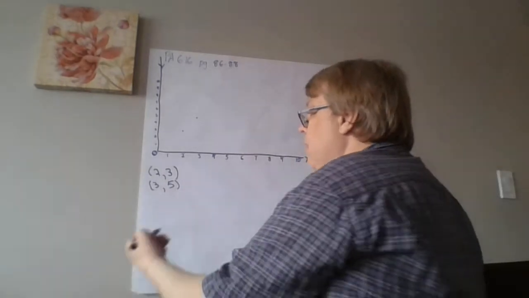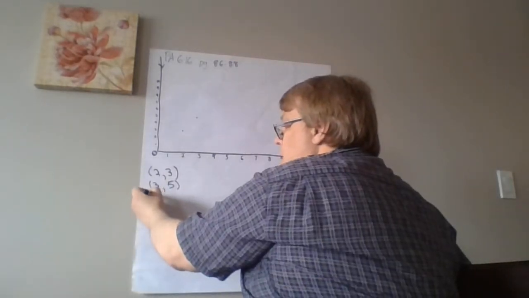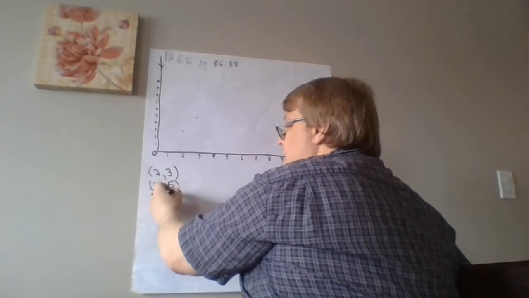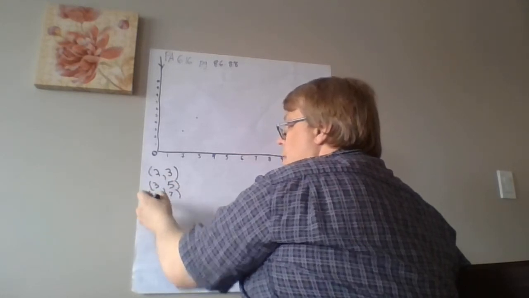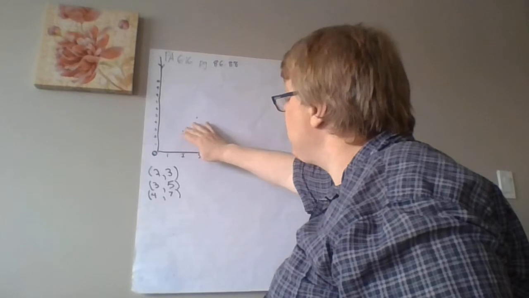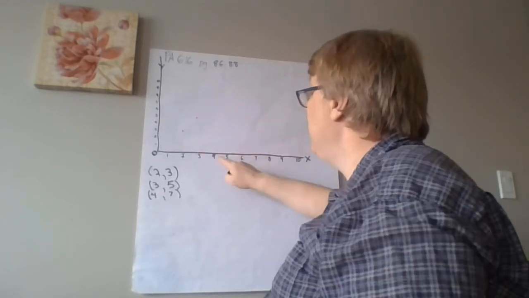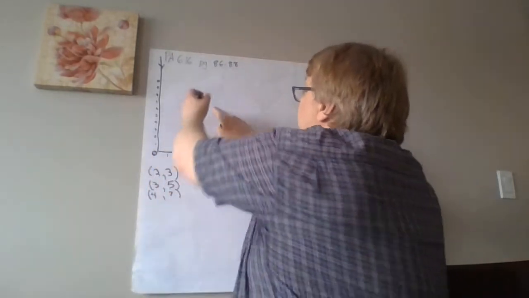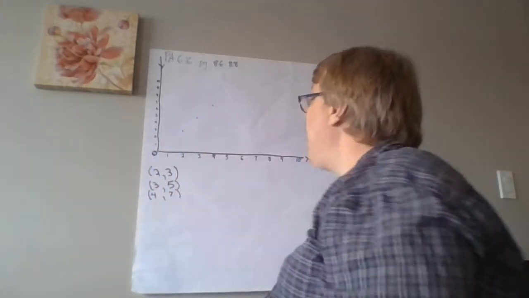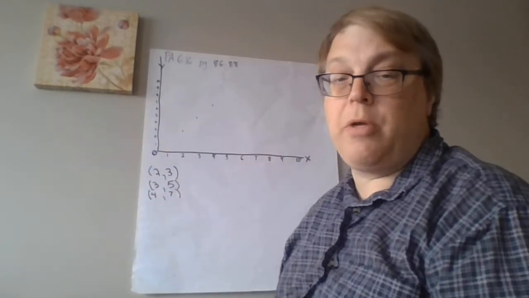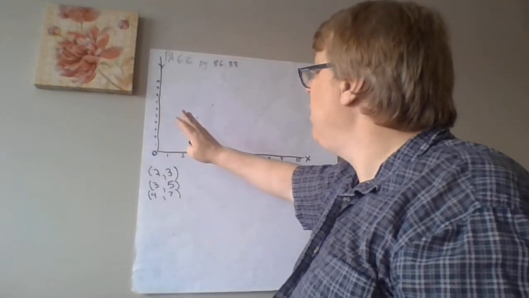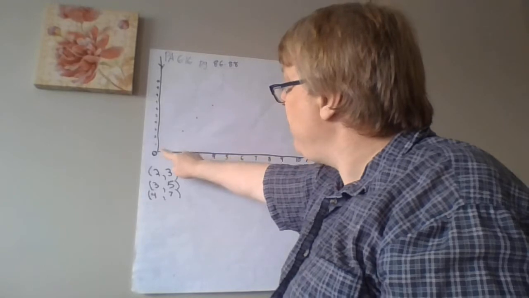Our next number, well, it could be, say, (4, 7). I wonder if this is going to match up in the same line, the same pattern. (4, 7). Now, I have to admit, most of you know I am not a great artist, so this is not perfectly drawn. But notice, we actually have a line here.